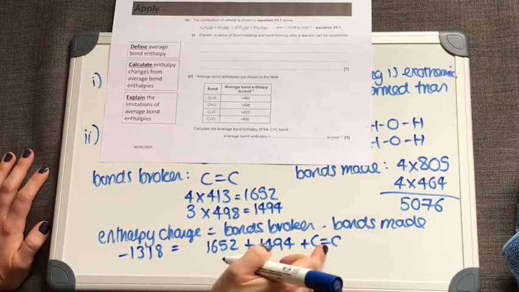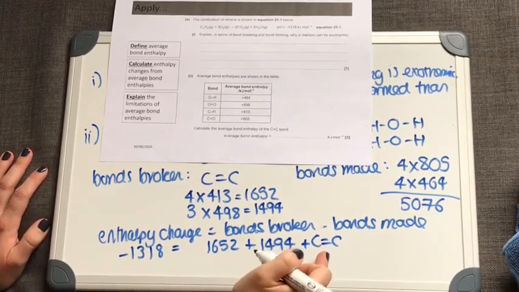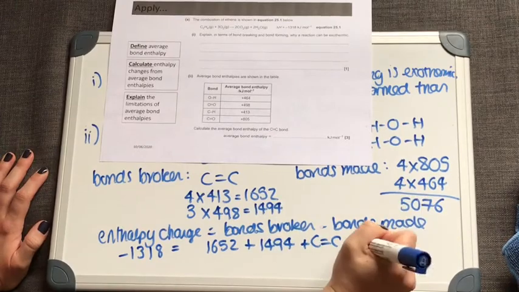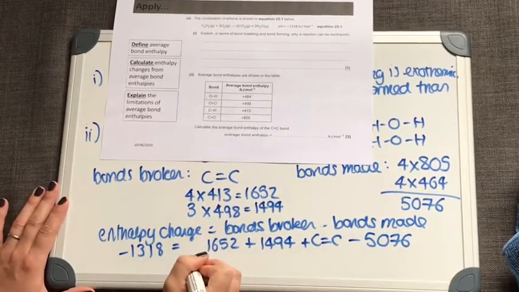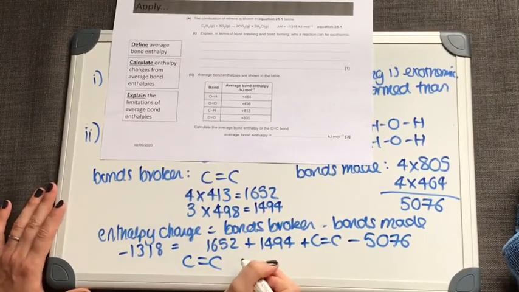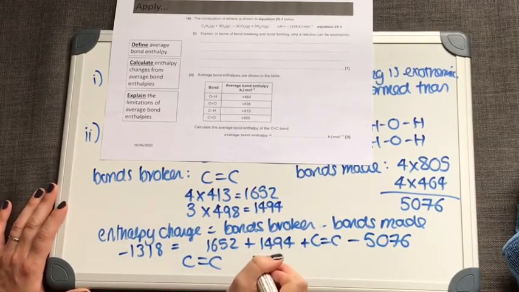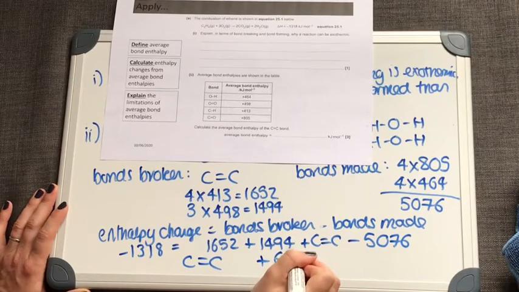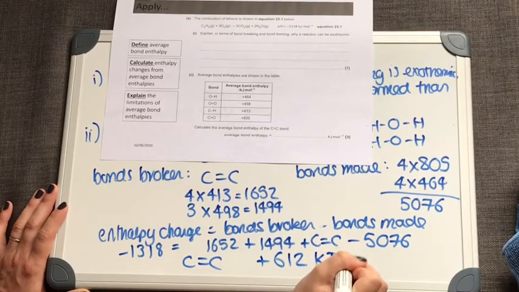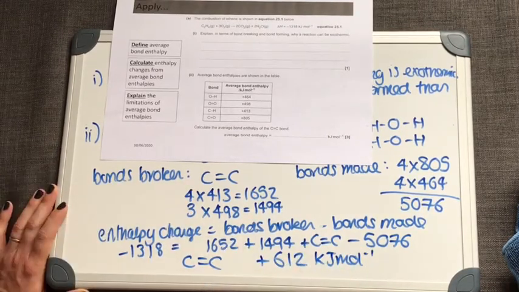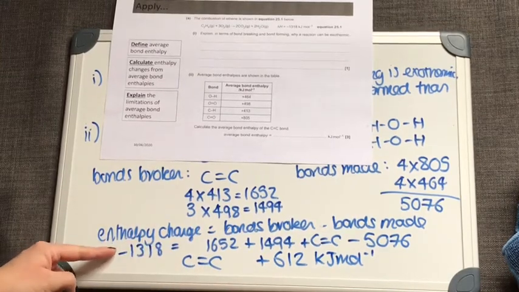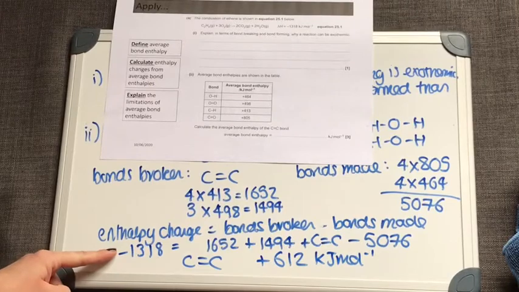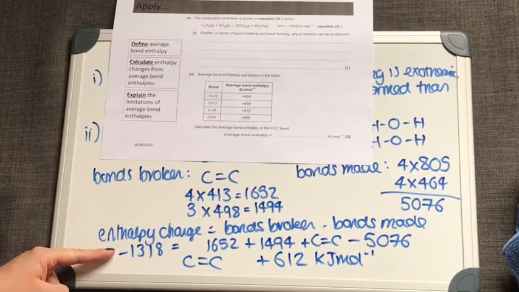These are the values. I don't know what C double bond C is. That's what I'm trying to find out. Minus my bonds made, which is 5,076. When I solve this, I see that the bond enthalpy for the C double bond C is plus 612 kilojoules per mole. If you're not sure how to get to that from this step, this is some quite basic mathematical rearranging. Maybe go back and have a look at a GCSE textbook for that information.